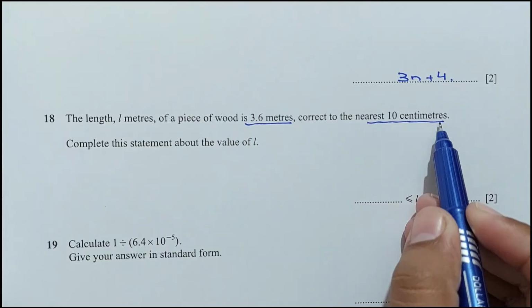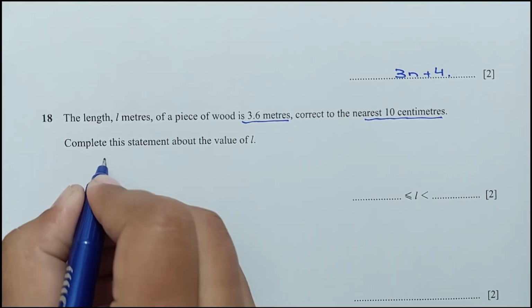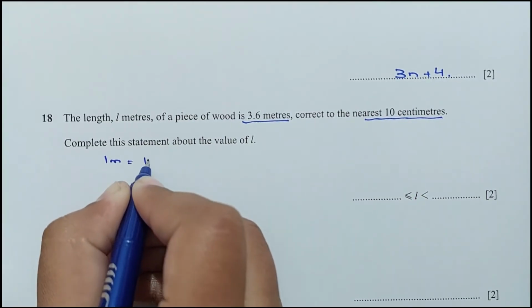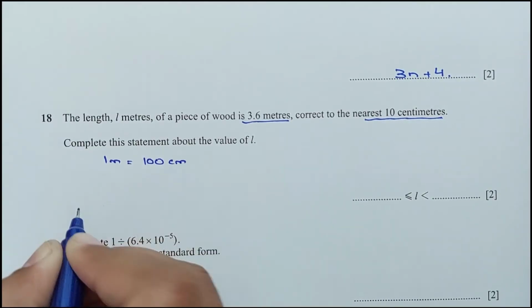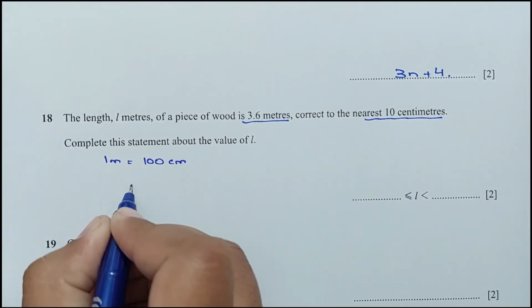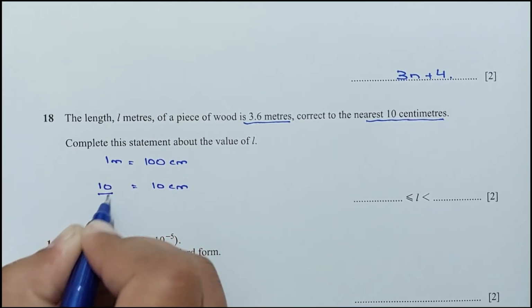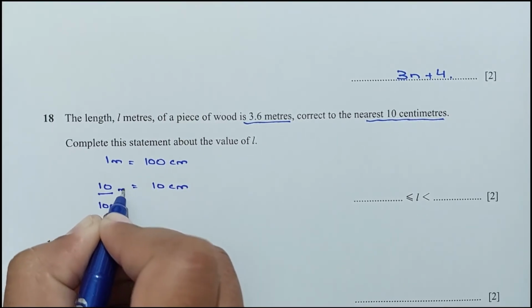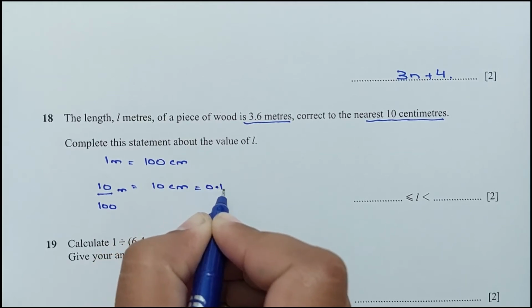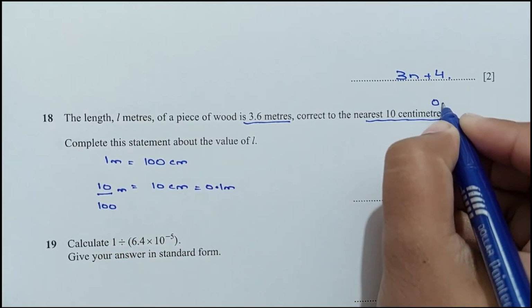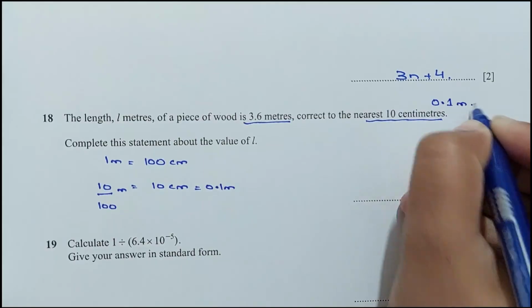Let me convert this to meters. As we know that 1 meter has 100 centimeters, right? So 10 centimeters would be 10 out of 100 meters, and this would be 0.1 meters, right?